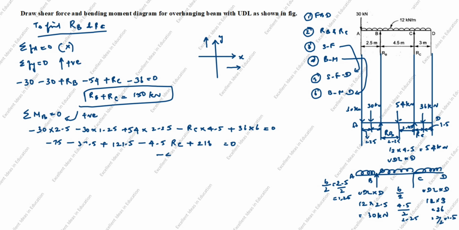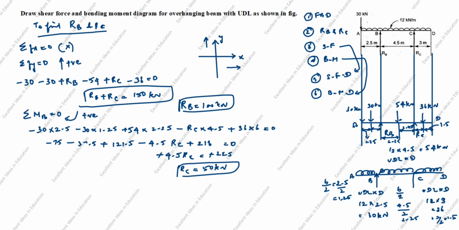Minus 4.5 RC is equal to minus 225. Minus minus cancel. RC is equal to 50 kilonewton. What is the RB value? RB is equal to 100 kilonewton.